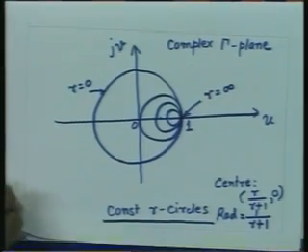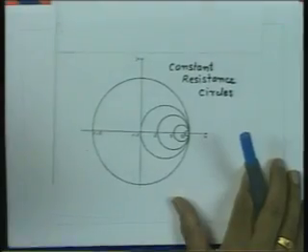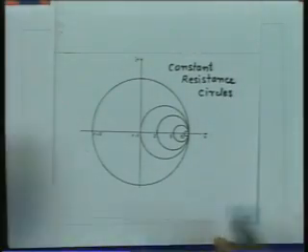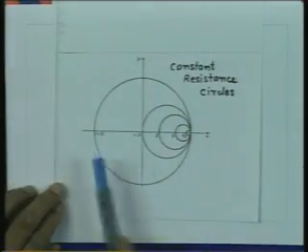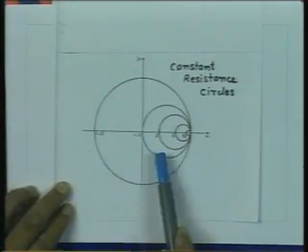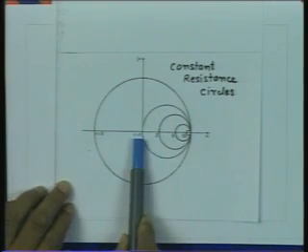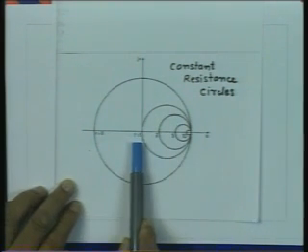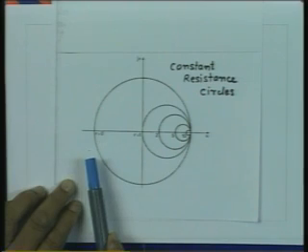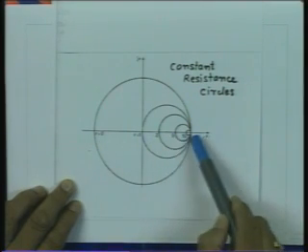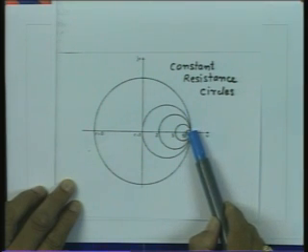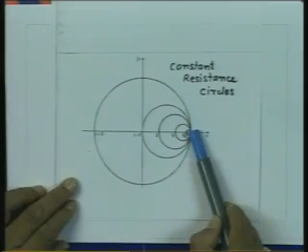So, if I show you the constant resistance circles, they essentially look like that. Just to give you a few numbers here, this circle, which is the outermost circle, corresponds to r equal to 0. This circle which passes through the origin is r equal to 1. Then as you go to higher and higher values of r, this is the r equal to 2 circle, 5 circle, 10 circle, and the final point here, u equal to 1, v equal to 0, corresponds to r equal to infinity.